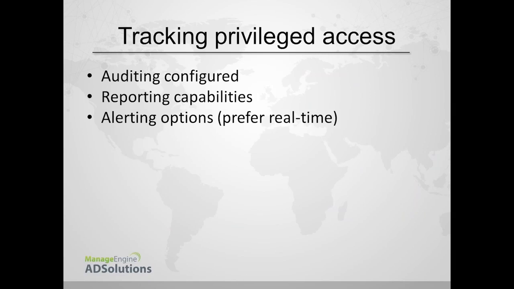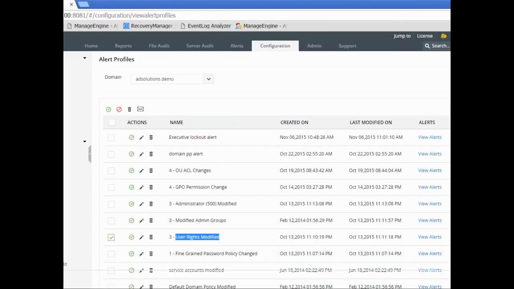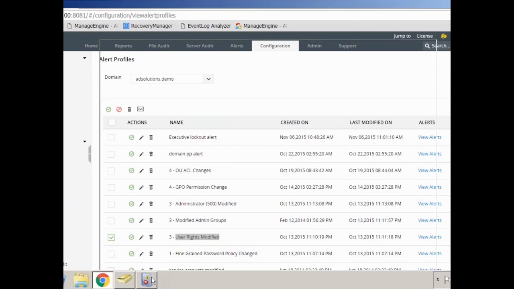So we need auditing configured. That's a Microsoft technology. With the auditing being configured in a right tool like ADAudit Plus for ManageEngine, you have reporting capabilities. If we could report using Microsoft technology, I would show you that. But the best that you have is right here in Event Viewer.